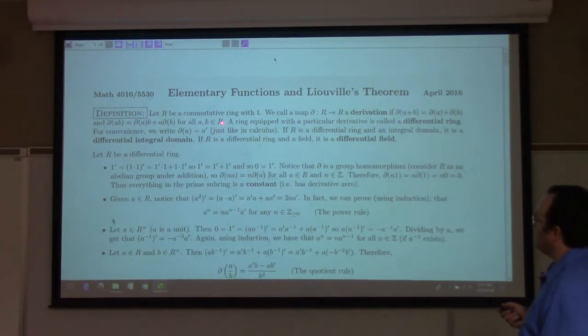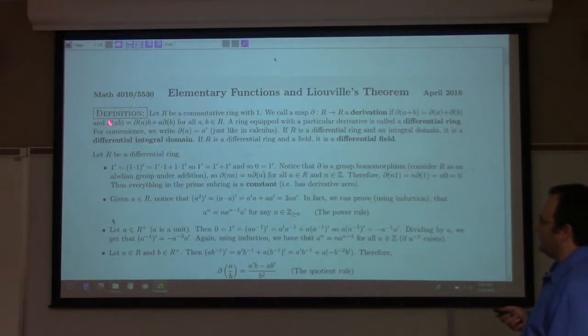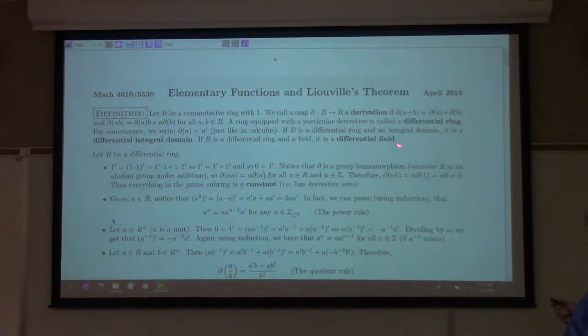A ring equipped with a particular derivation is called a differential ring, called delta. We'll call it the derivative, and oftentimes we just use prime to denote it. If R is a differential ring and an integral domain, it's a differential integral domain. If R is a differential ring and a field, it's a differential field.